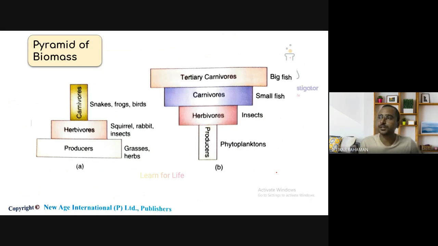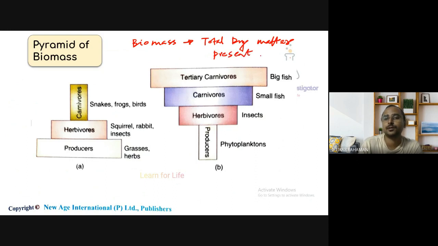But biomass is the total dry matter present in a group of organisms. This is biomass.